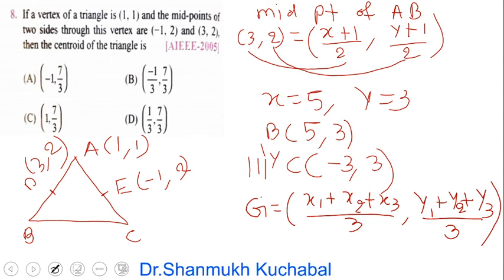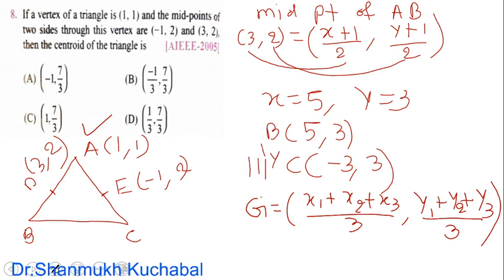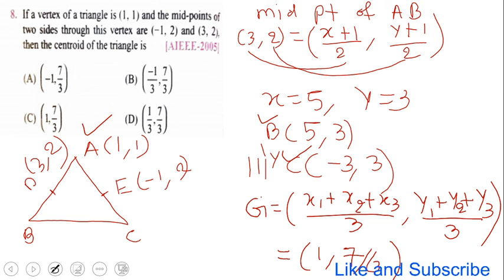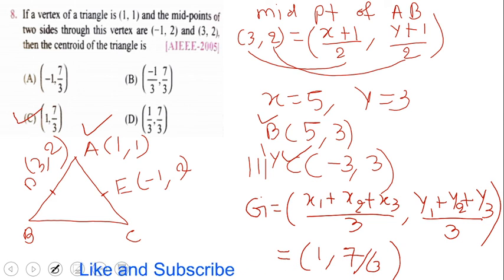Here point A is (x1, y1), point B is (x2, y2), point C is (x3, y3). All these values we have to substitute in this. So the centroid we get as (1, 7 by 3) here. So clearly option C is the right answer. Like this, substitute all the values, and then we simplify here.